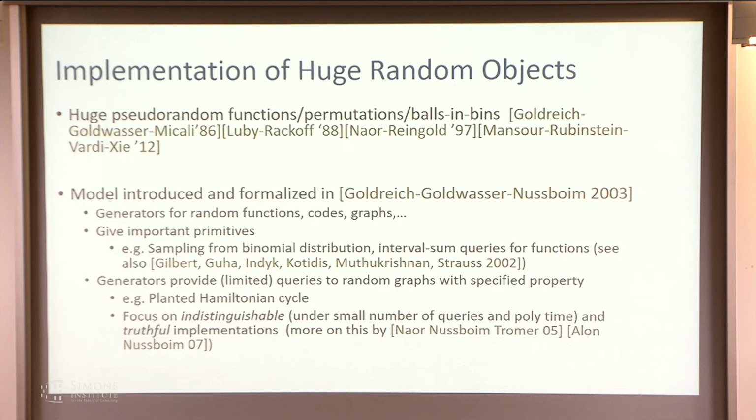Naor and Reingold looked at something called involutions, which I never knew what that meant, but I'll just tell you what it is. It's like a random pairing of points in the domain, so that f of x equals y, and f of y equals x. So everybody's paired off. And one other type of hash function was considered by Mansour, Rubinstein, Vardy, and Shi.